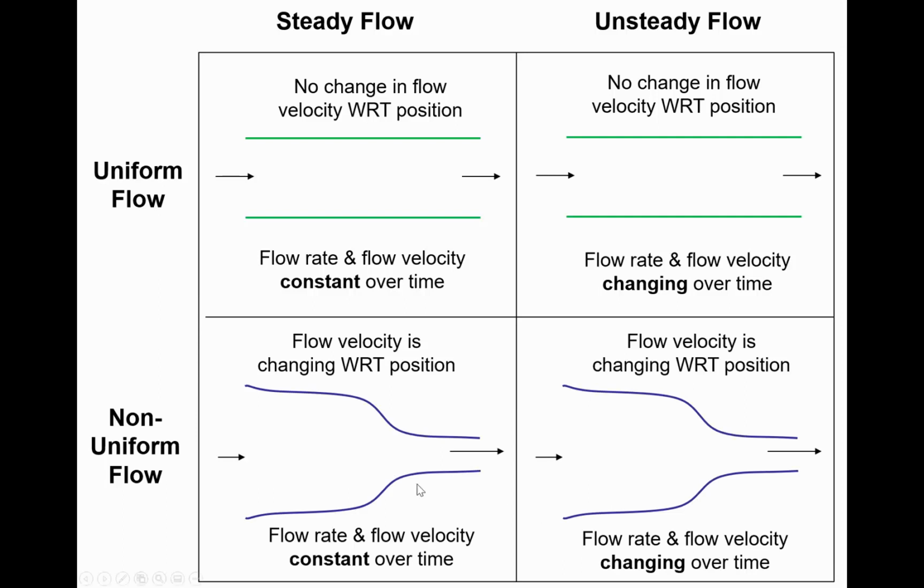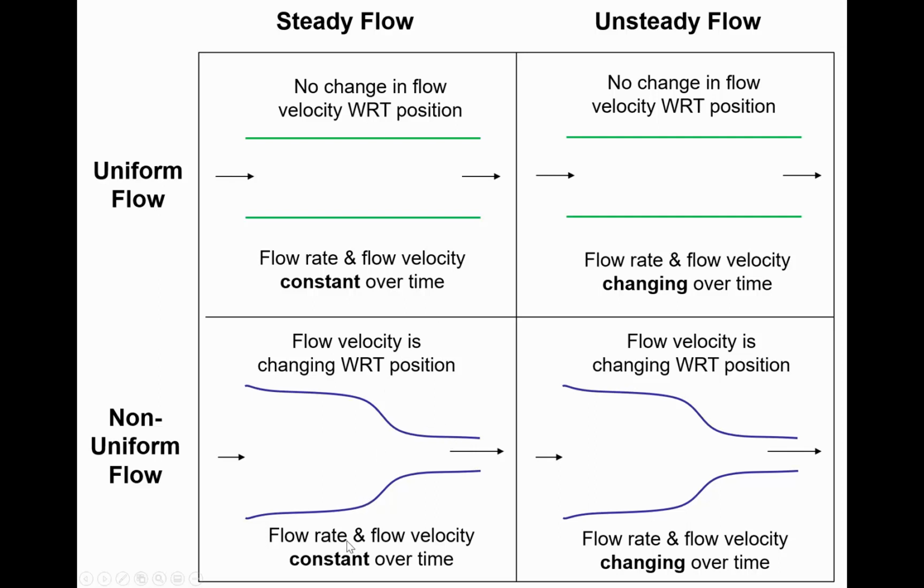Non-uniform flow, instead of the parallel pipe, here I have a nozzle, just to illustrate that the flow velocity is changing with respect to position. There is a change in velocity as it moves from left to right if the diameter is decreasing. But you can have steady non-uniform.